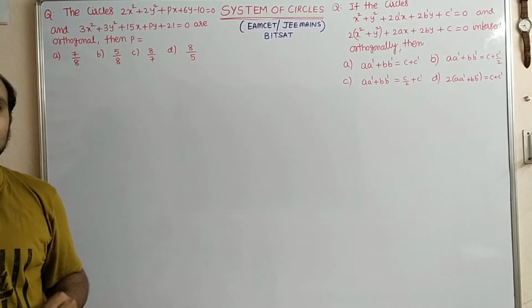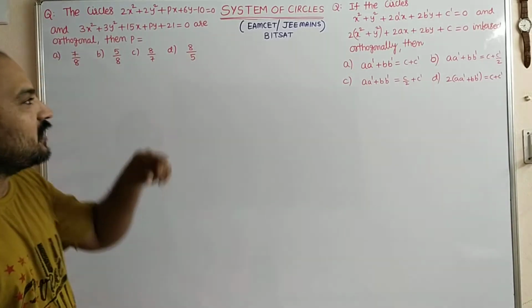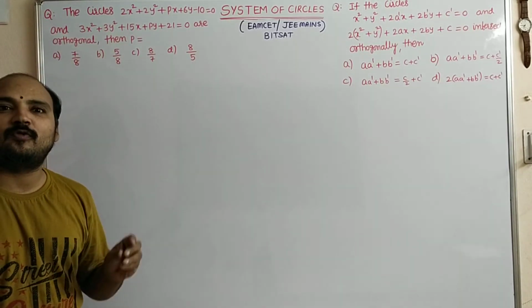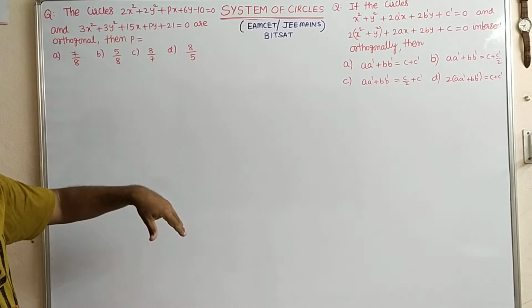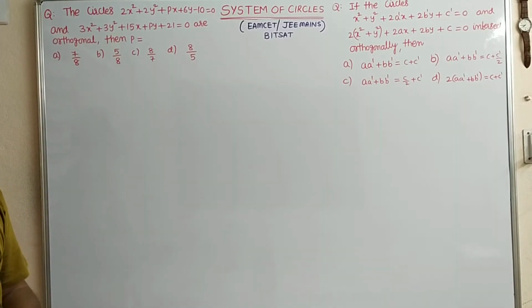We have to apply that formula whenever the given circles are in the general form. But by observing this question, they are not in the general form. So first we have to convert into general form and then apply 2gg dash plus 2ff dash equal to c plus c dash.